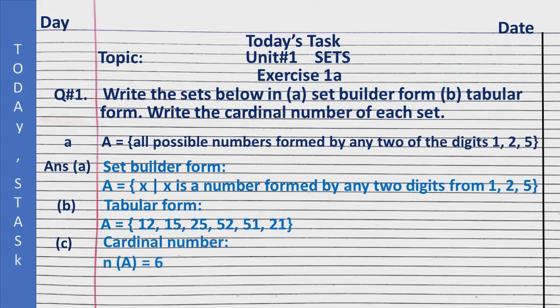So the cardinal number of A is 6. Dear students, as you know, the cardinal number is the number of elements of the set. हमारे पास set A में total 6 elements बन रहे हैं. That's why the cardinal number of this set is 6.